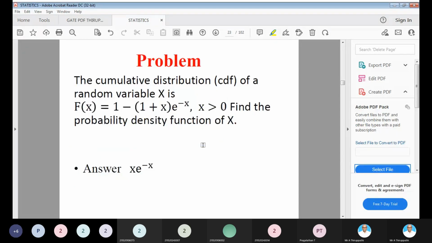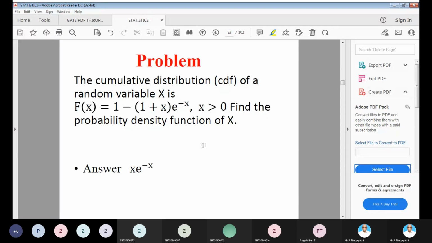Next, one of the simple problems: the cumulative distribution function, CDF, of a random variable is given. What is the relation between CDF and PDF? Small f of x is nothing but d by dx of capital F of x. Capital F of x is generally called the cumulative distribution function.